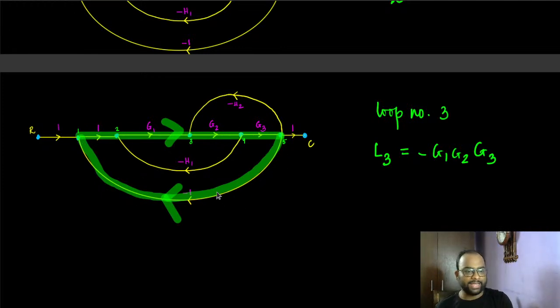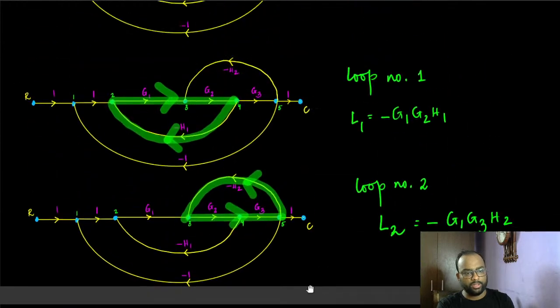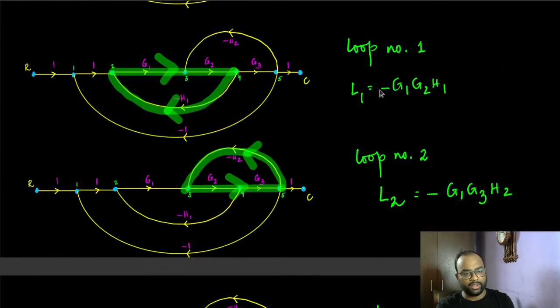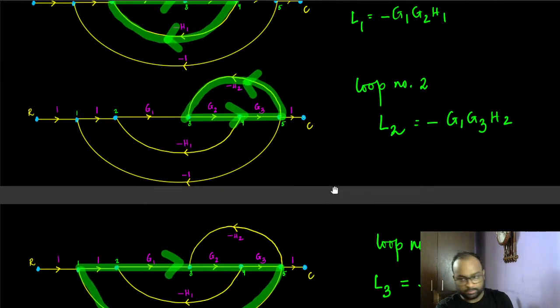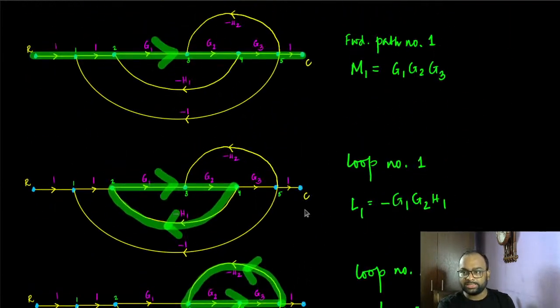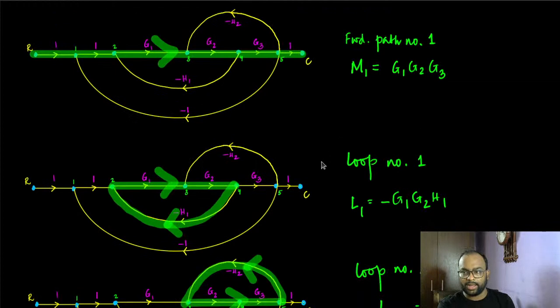And do you have anything else? Any other loops, any other possibilities? Is there anyone who thinks that there are other possible loops or something else apart from what we have done here? So we have 1 forward path and 3 loops. Is there anybody who thinks that anything else is there?